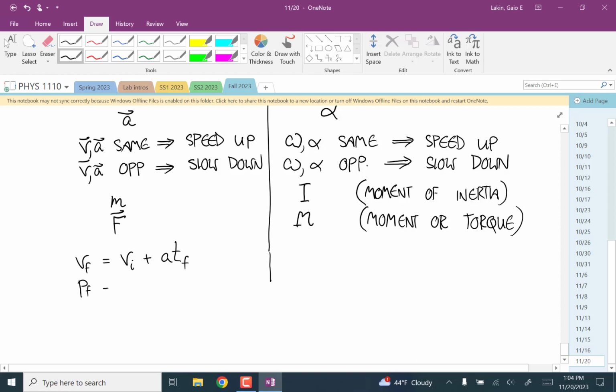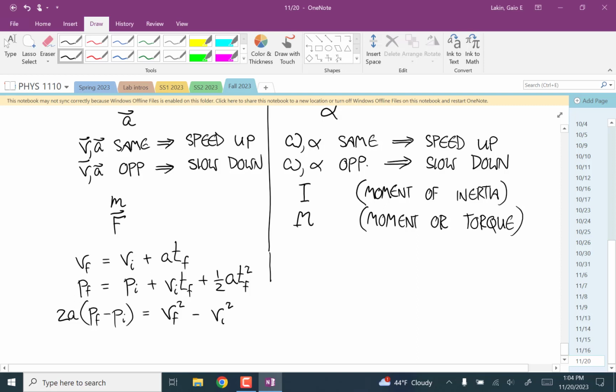P final is equal to P initial plus V initial times t final plus 1/2 A t final squared. And then 2 times A times the quantity P final minus P initial is equal to V final squared minus V initial squared.